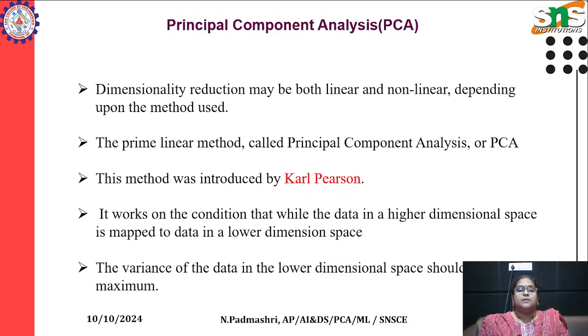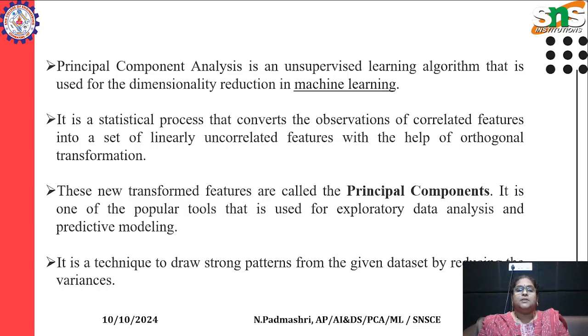Okay, so principal component analysis also comes under unsupervised machine learning algorithms that are used for dimensionality reduction in machine learning. It is a statistical process which converts the observations of correlated features into a set of linearly uncorrelated features. This transformation is mainly done based on orthogonal transformations.